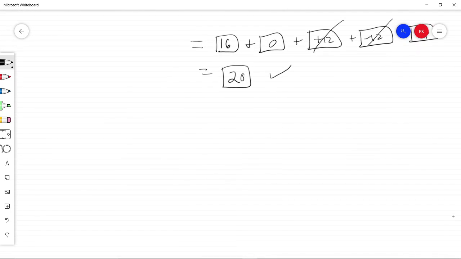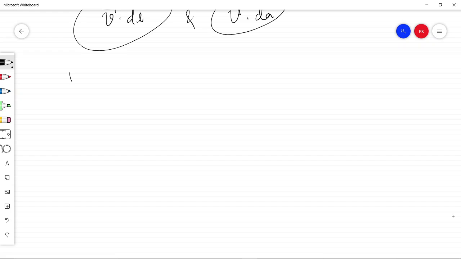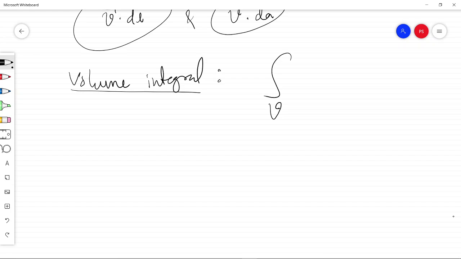We note that both in the case of line and surface integrals, we involved dot products of two vectors, v bar dot dl bar and v bar dot dA bar. Now as we consider the volume integral, we see that it is defined directly over some volume v as some scalar function into the corresponding volume element.